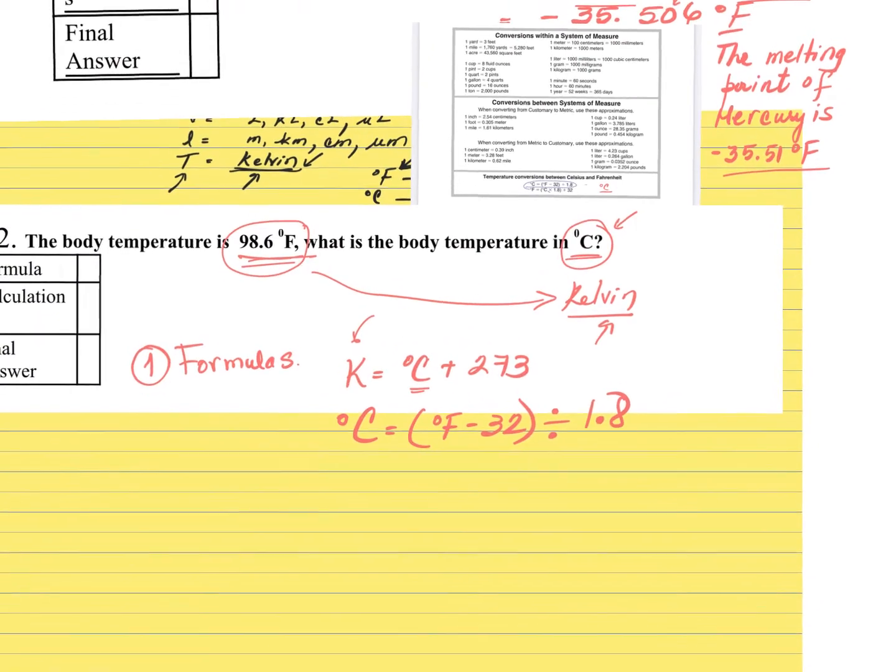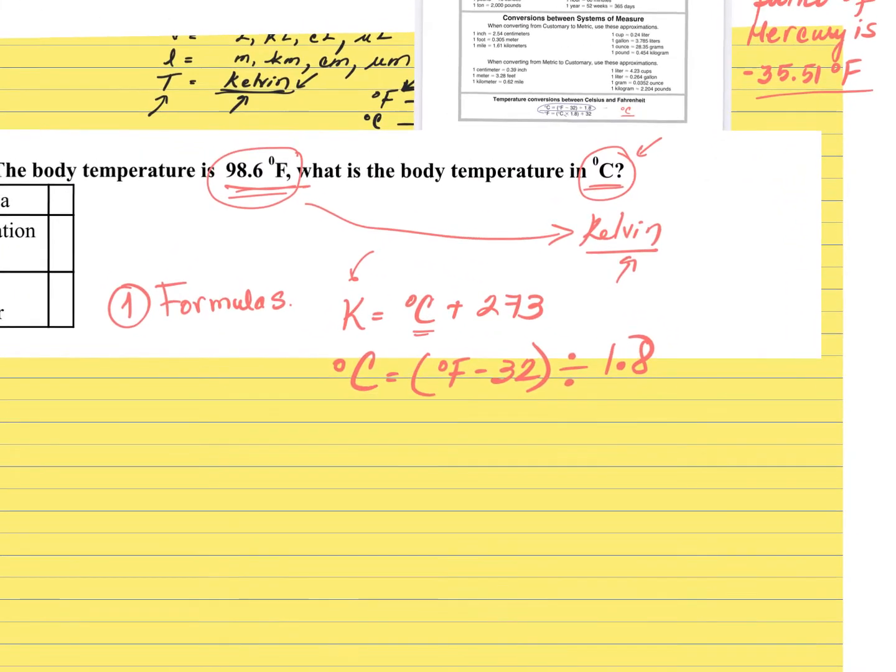You don't have to memorize it. Okay, so going back to my problem. Now that I have my two formulas, I know that I have the temperature in Fahrenheit. So first, I need to convert my temperature into Celsius, so then I can use the second formula and convert the Celsius to Kelvin by adding 273.